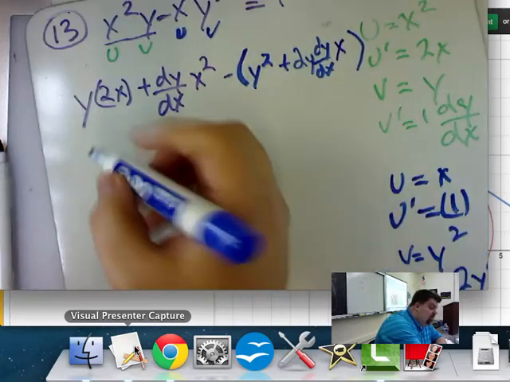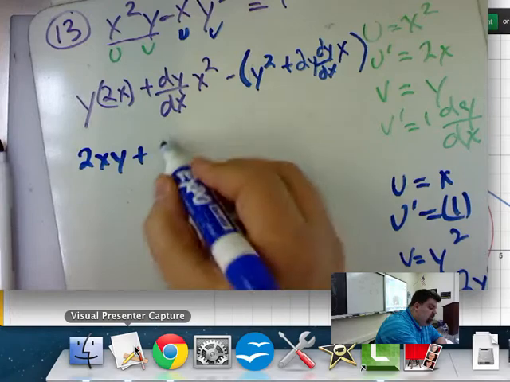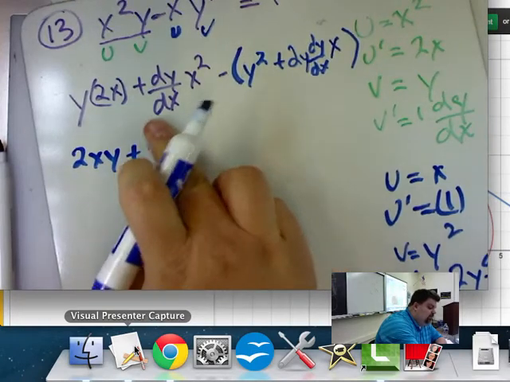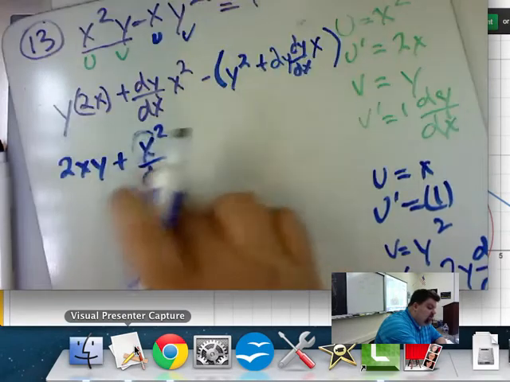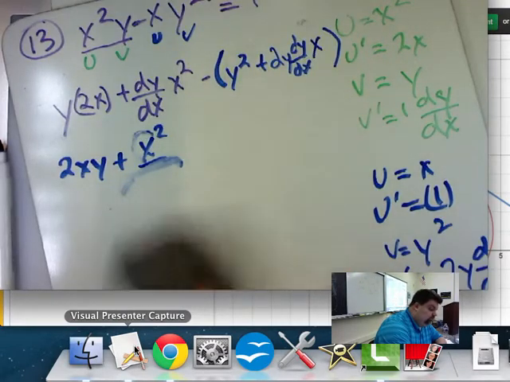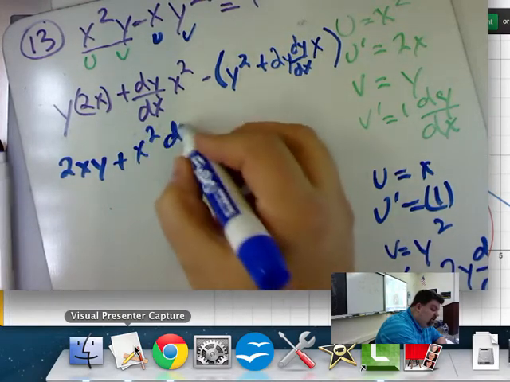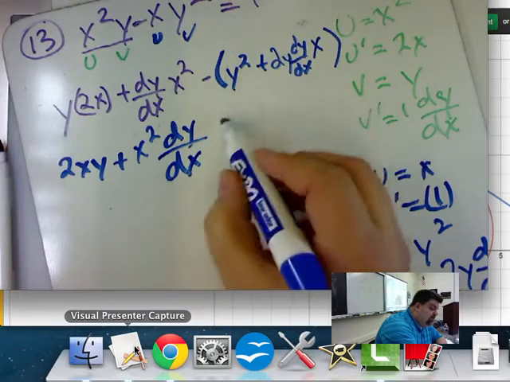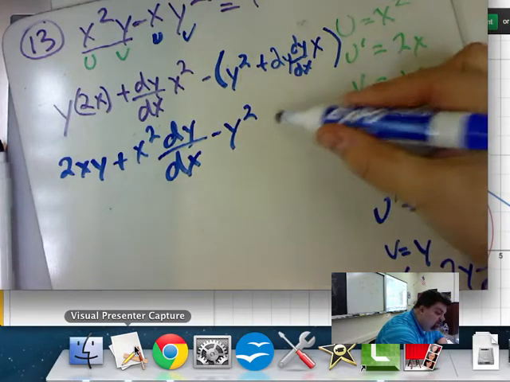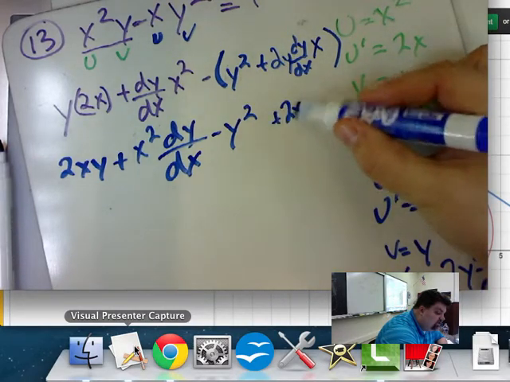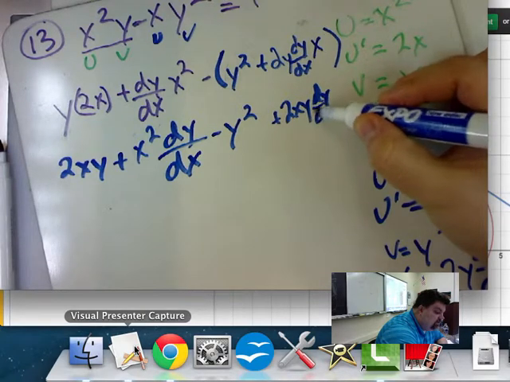So now if I clean this up a little bit, I've got 2xy plus x squared dy dx. And then I've got to distribute this negative sign through. So I've got negative y squared plus 2xy dy dx.